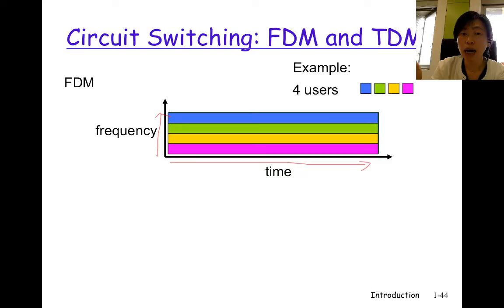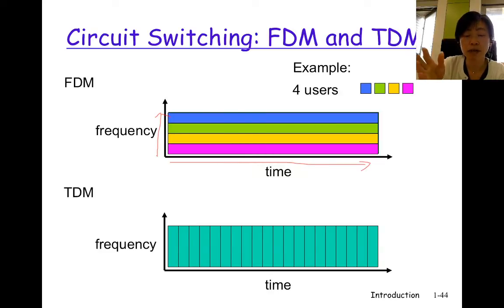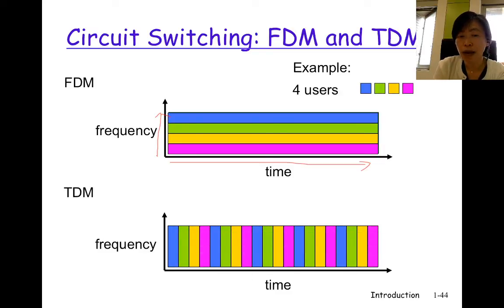Now, time division is the other way around. We divide vertically across the time space. And the 4 users are allocated 4 slots of time at a round, one round after another, in a round-robin fashion.